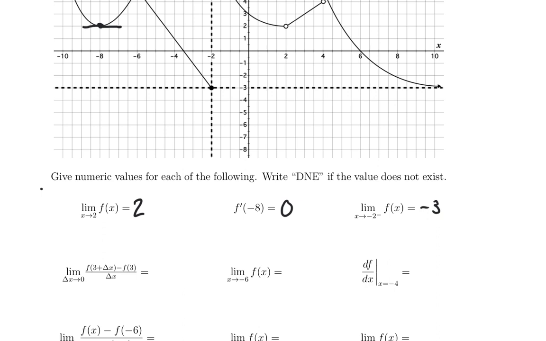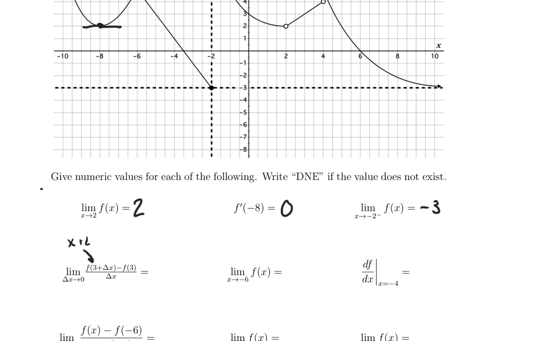The limit as delta x approaches 0 of f of 3 plus delta x minus f of 3, over delta x. So I know that this is the limit definition of the rate of change at a point, and I'm seeing that x here is equal to 3.